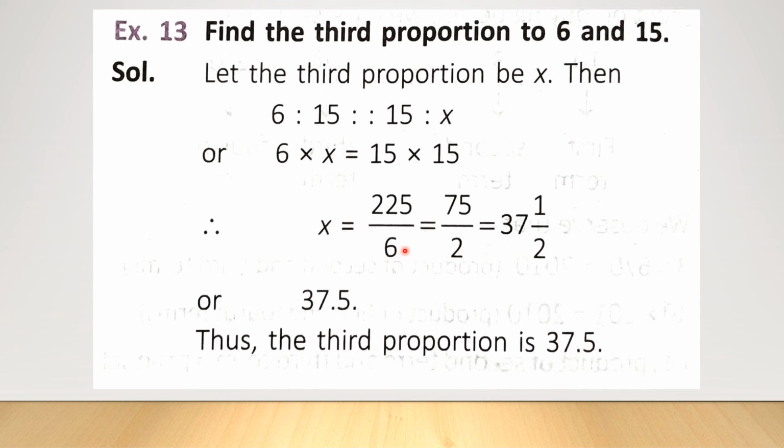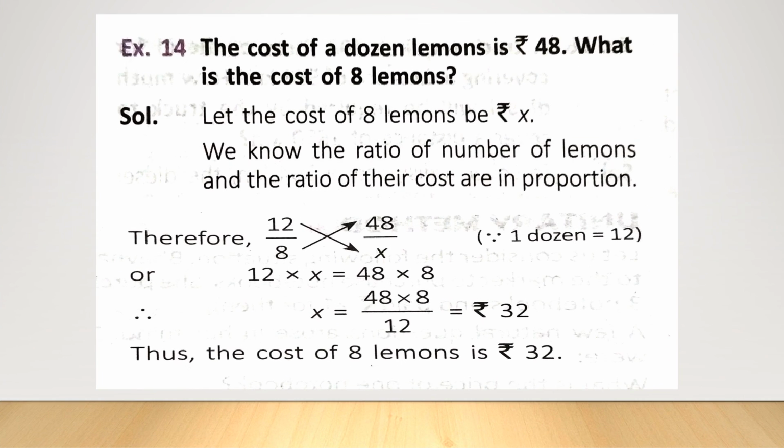On cancelling, you get 75 by 2, which is 37 1 by 2 in mixed fraction, or 37.5 in decimal. Thus the third proportion is 37.5.